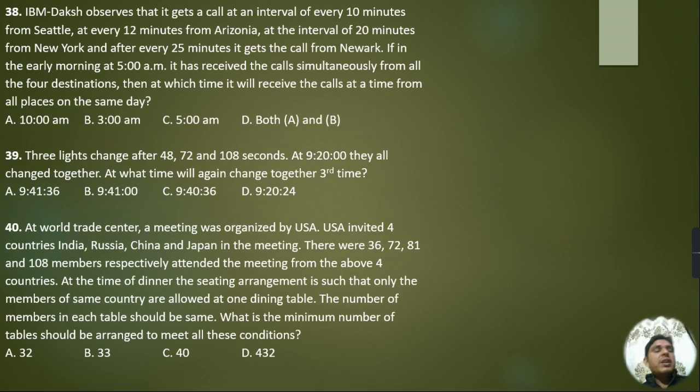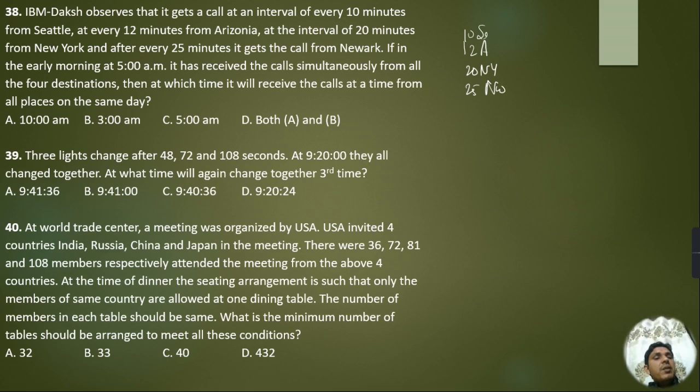Okay, question number 38. IBM Daksh observed that it gets a call every 10 minutes from satellite, every 12 minutes from Arizona, every 20 minutes from New York, every 25 minutes from New York, and every 10 minutes from Seattle.